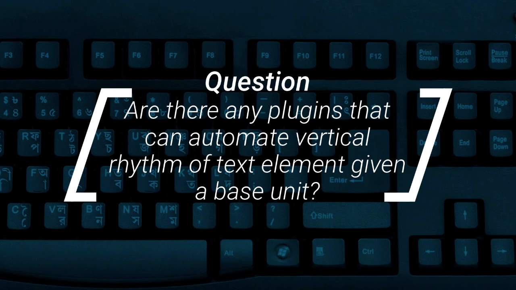Excellent. All right. So now Bobby wants to know, are there any plugins that can automate vertical rhythm of text elements given a base unit? None that I'm aware of, and the ones that have been out, I've tried messing with them, and it gets a little too fussy.